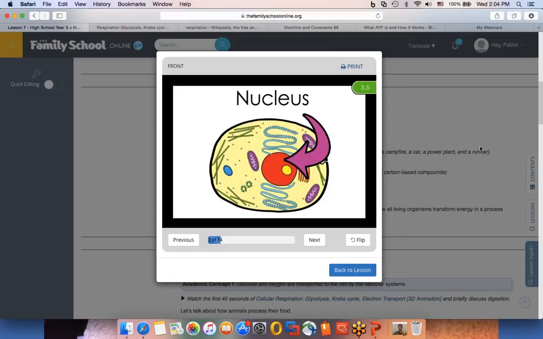Nucleus. Keep going. The nucleus is like the command center of the cell. It gives out all the instructions to the molecules. And what does it contain? There's one thing that is very, very important.